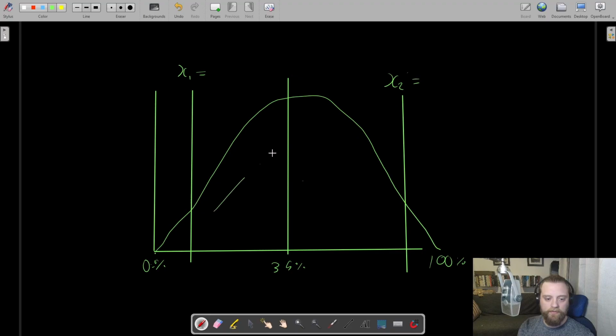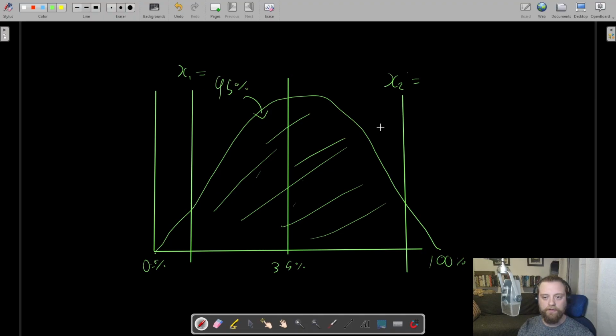And what we want is the area under this part of the curve to represent 95% of possible values. So how do we do this?